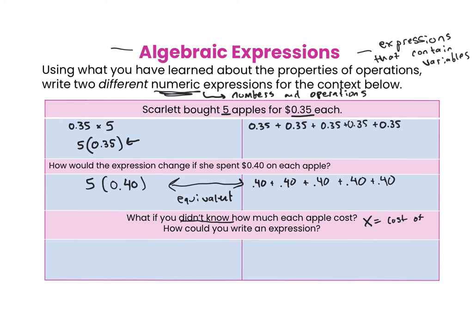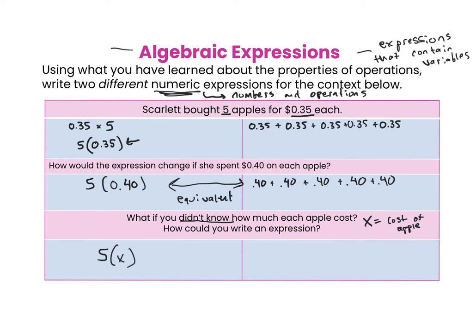And now where we would put the cost, we're just going to put x because we don't know that. So using Kara's method, we're buying 5 apples. And since we don't know how much we're spending, we're just going to put x there. 5 times x.